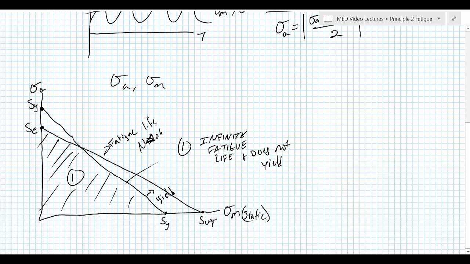Above the endurance strength, but below the yield strength, let's call this section 2, it has finite life and does not yield.